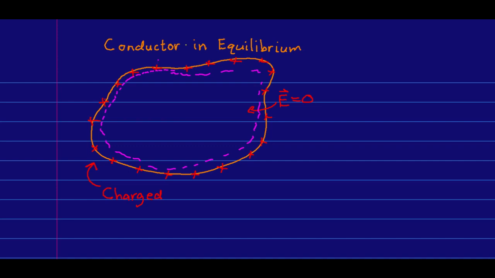But if instead I draw my closed surface just outside the conductor, now all that charge on the surface of the conductor is in there, and so there is a non-zero flux. And that's telling us outside the conductor there is an E field being caused by all this charge that's distributed over the surface of the conductor.